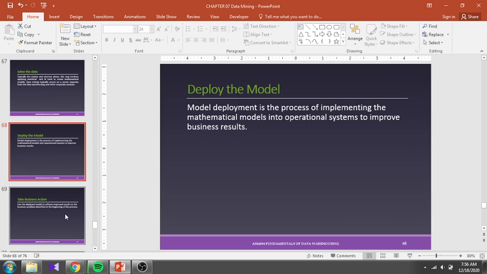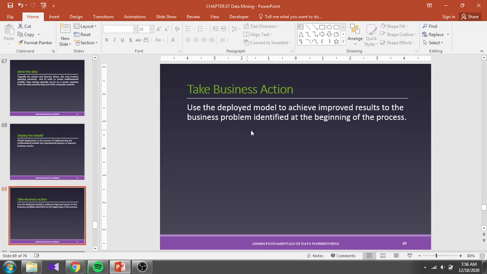Okay. Deploy the model. Deployment is the process of implementing the mathematical model into an operational system to improve the business result. Okay, meaning that we use the result that we got from our analysis in the actual business world, in real time. Take business action, use the deployed model to achieve improved results for the business problem identified at the beginning of the process.